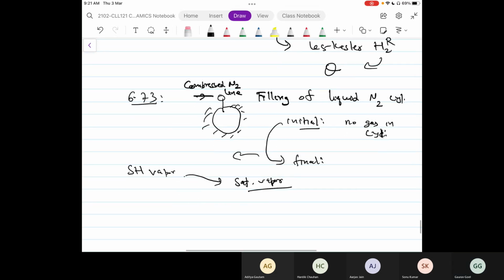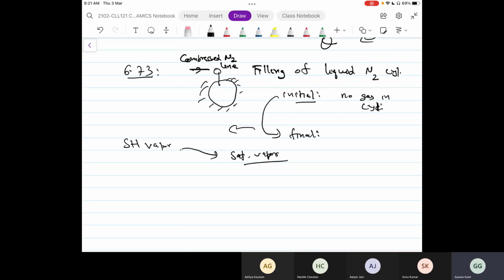Okay, some data is given to you, so what you have to find out is temperature. So what is the temperature when you get saturated vapor? That is what they are asking you. The equation that you will need to solve, I am writing it directly. We have already done a lot of this calculation earlier.